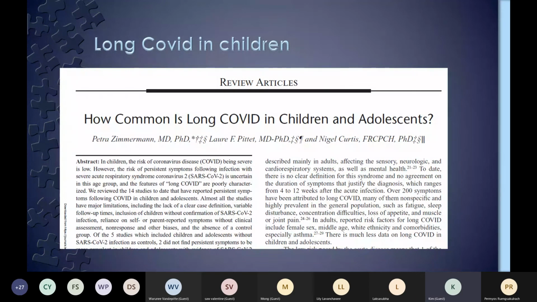I do know of a group that's now been assembled in Indonesia and will be followed, and that's really important. And I'm sure that there are other studies like this going on around the world. But this is a key issue. If 5 or even 3% of children have a long-standing illness that may even be lifelong, that's a massive incentive to vaccinate all children. And so, in my opinion, we need to understand this much better than we do at the moment.